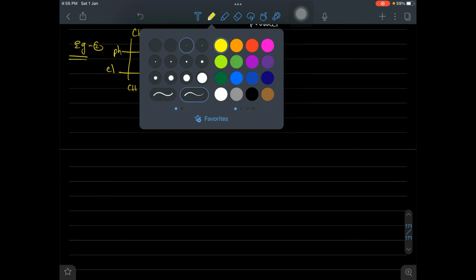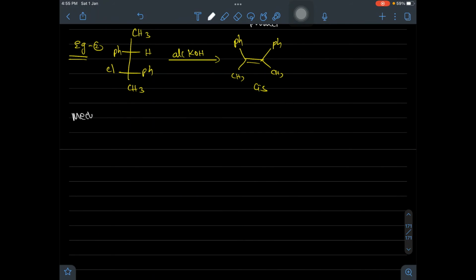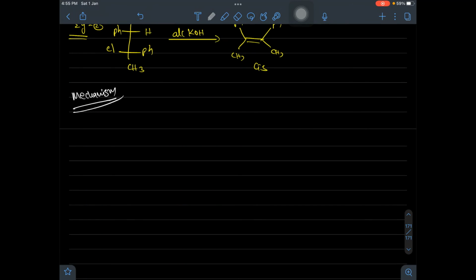In its mechanism, draw its conformational isomeric structure.